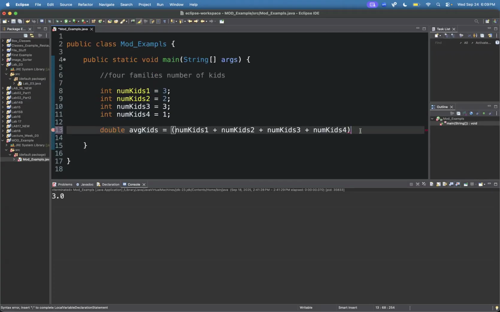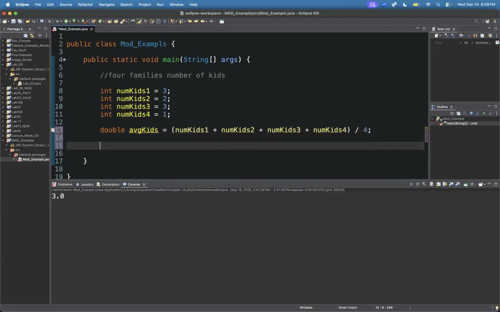And then after you did that, what you'd have to do is divide by the total number of families, which in this case was 4, right? And when you do that, you're going to get a number and you could print it out.